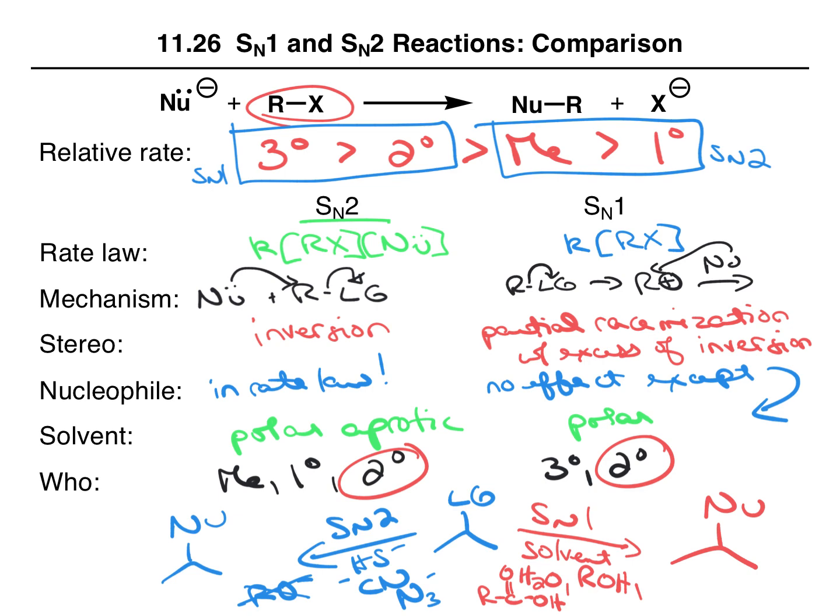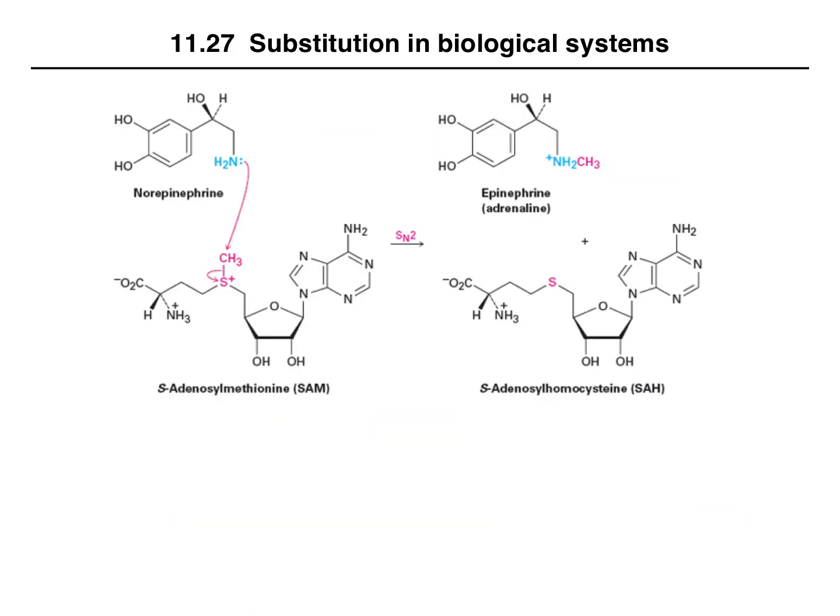Now, substitution is also a very important reaction in biological systems. So norepinephrine can be converted to epinephrine, also known as adrenaline, by a nucleophilic substitution reaction. And so here we have S-adenosyl methionine, or SAM, and this is S-adenosyl homocysteine.